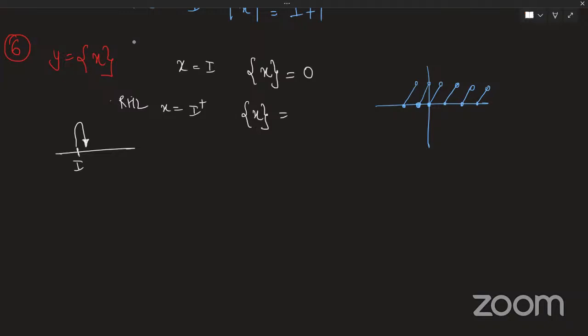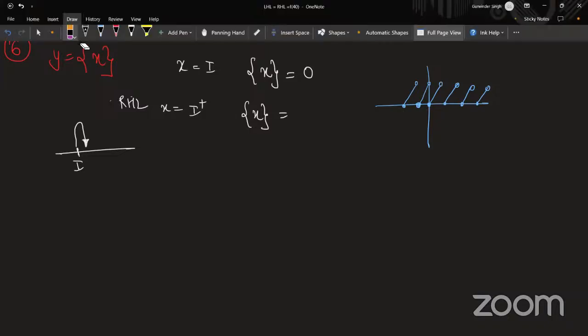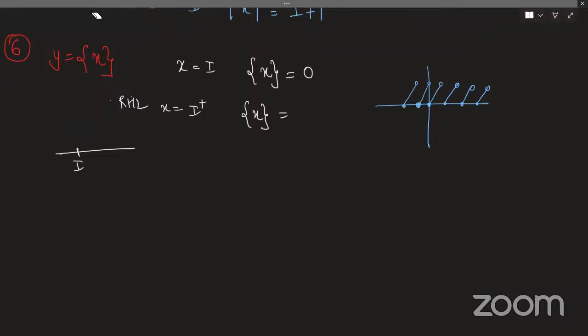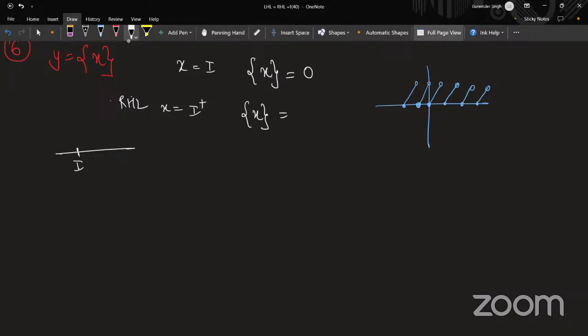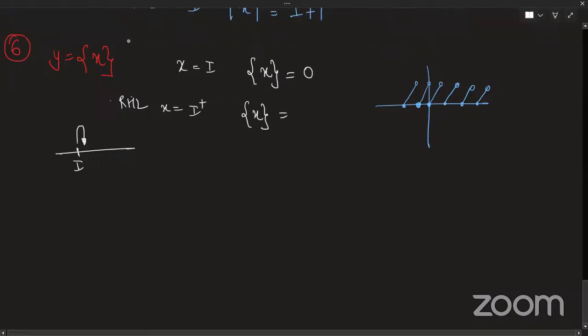The fractional part only gives me the decimal part of the number. It will be greater than 0, correct? The value is greater than 0. But in the limiting form, what is the value? We have discussed this earlier.